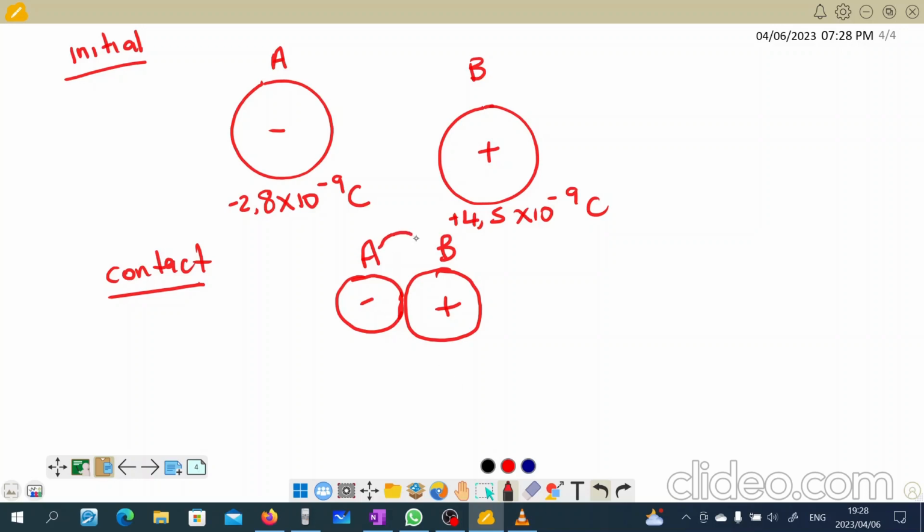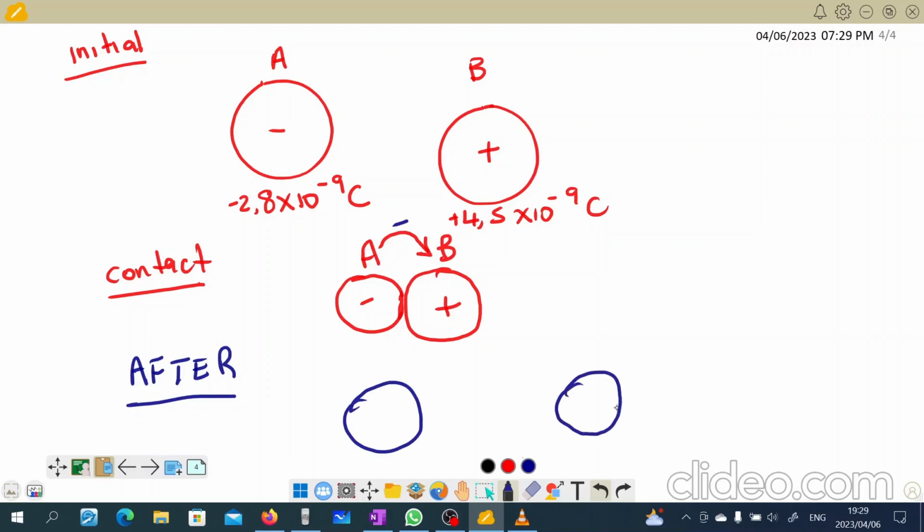Electrons will move from A to B. Electrons will move this way, from A to B. So after they shed electrons, A will move this way, B will move that way. This is A, that is B.